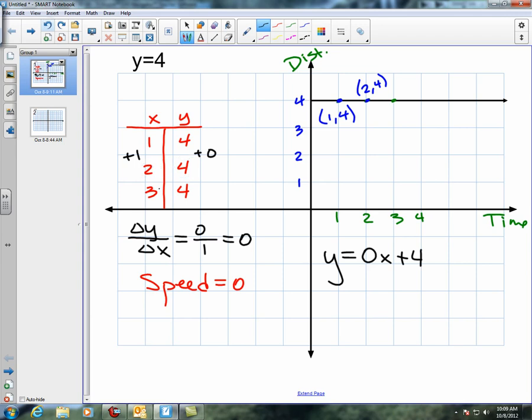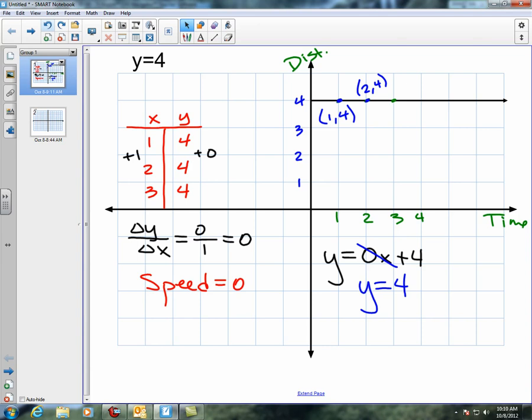And then 0 times 3 is 0, which doesn't match, but if I put in the plus 4, I get 4. So it looks like this is my equation, 0x plus 4. Just to simplify it a little bit, 0 times x is 0, leaving me y equals 4. And that is the equation of this horizontal line.